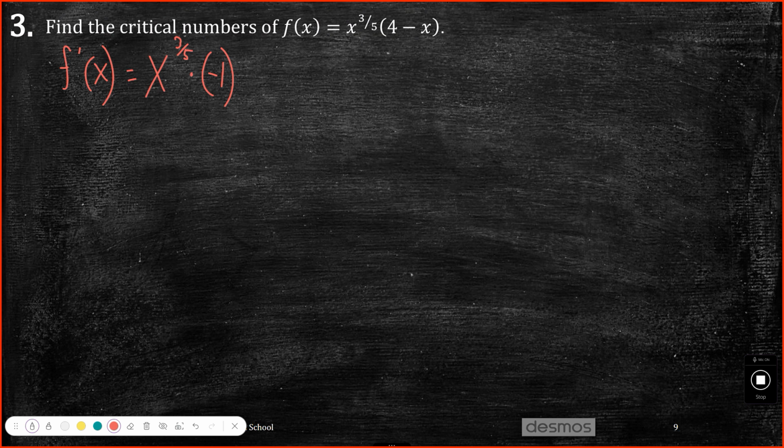First times the second plus the second times the derivative of the first. 3/5, and then minus 5 over 5, which is going to be negative 2/5, which is going to be x to the 2/5 at the bottom.